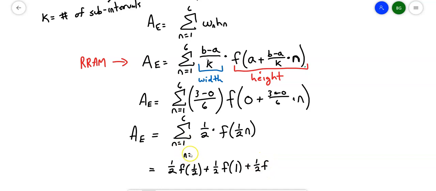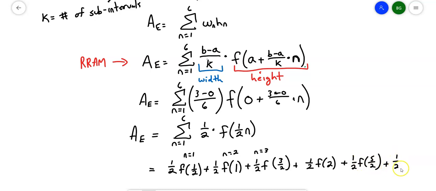This here was n equal 1, n equal 2, n equal 3, so that would be 3/2. And then we would have 4/2, which is 2. And then n goes up to 5, so we have f of 5/2. And then we have f of 3, right, 6/2.